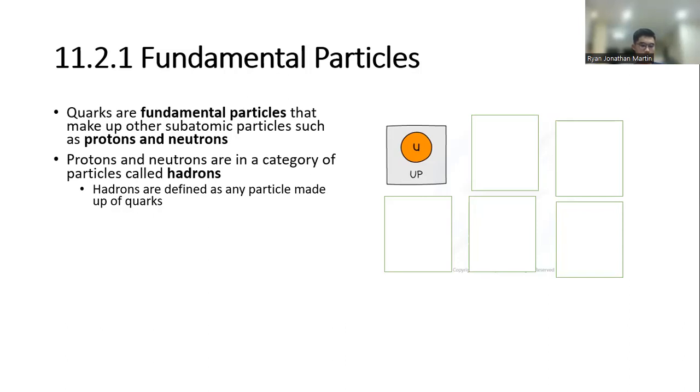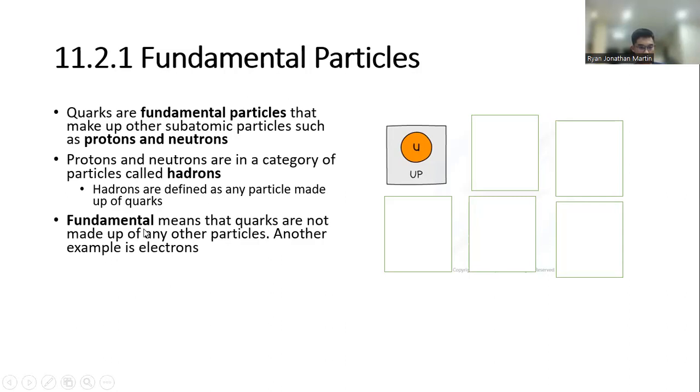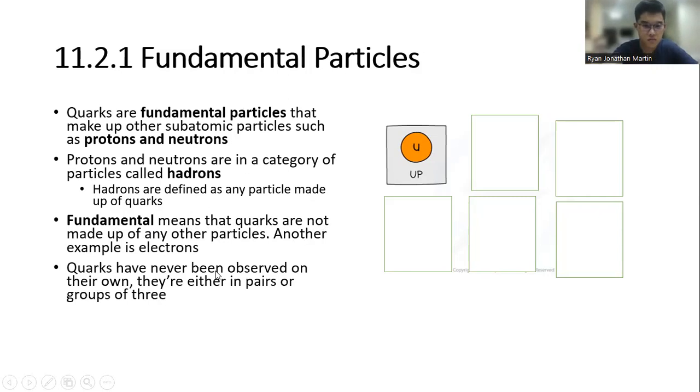Hadrons are defined as any particle made out of quarks. Fundamental means that quarks are not made out of any other particle, nothing else inside there. Another example is electron. Electron is also a fundamental particle. Quarks have never been observed on their own. They are either in pairs or groups of three.